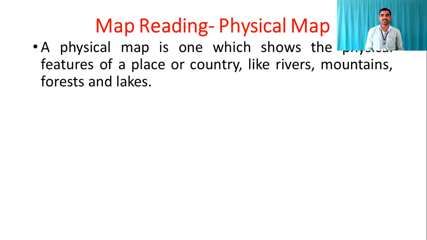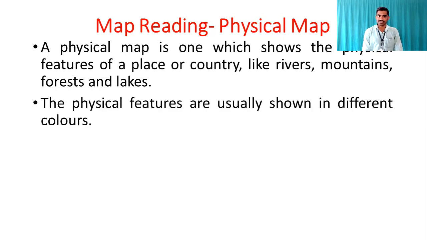A physical map is a map which shows the physical features of a particular place or the country or the world. In the sense, you can say it shows the rivers, mountains, forests, the plateaus and hills and all such kind of physical features. The physical map is shown by using different colors.